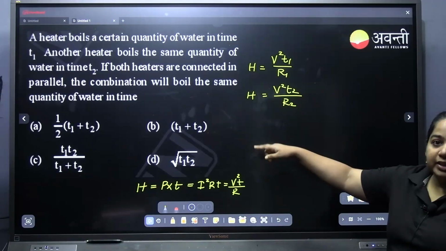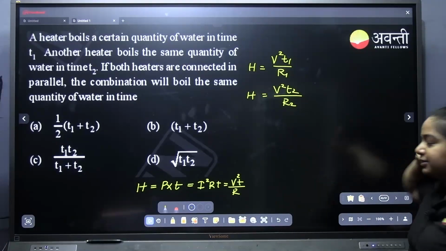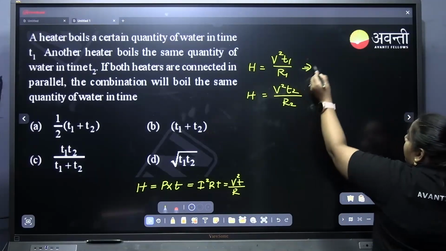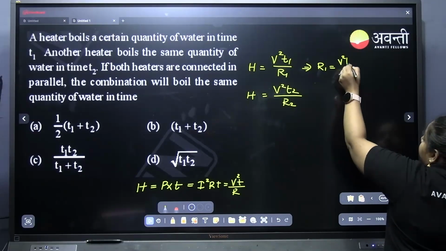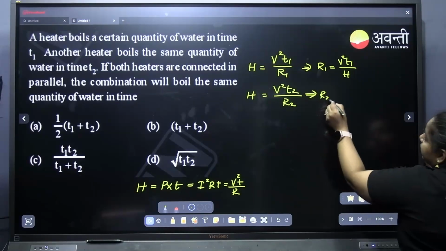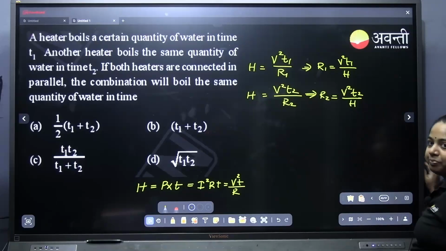For the third case, we are connecting both in parallel, so we want to find equivalent resistance. H is same, V is same. So we get R1 equal to V square T1 by H, and R2 equal to V square T2 by H.